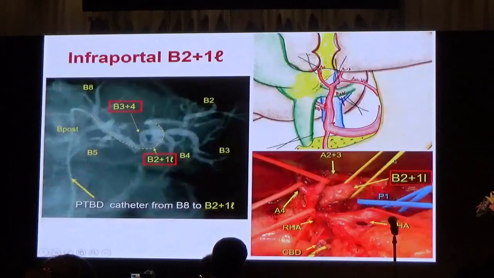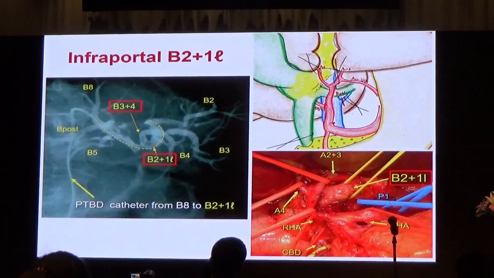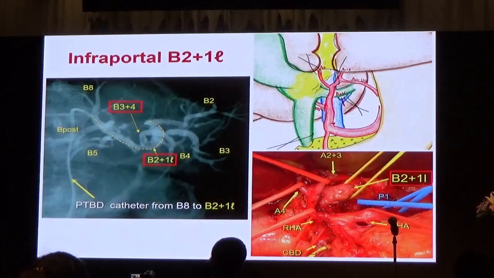So, preoperatively, we made a schedule for how to drain this anomalous biliary duct and to confirm this anomaly intraoperatively.